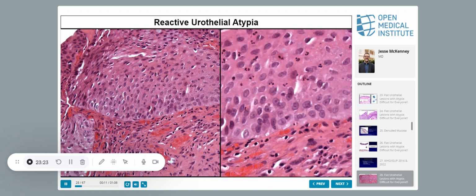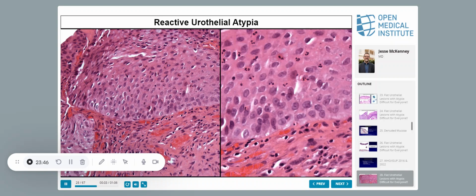So the nuclei will be enlarged, but the chromatin is often really fine, really even and fine, and you'll often see one or two prominent nucleoli. So like this nucleus, that's about as classic benign reactive atypia as you can see.